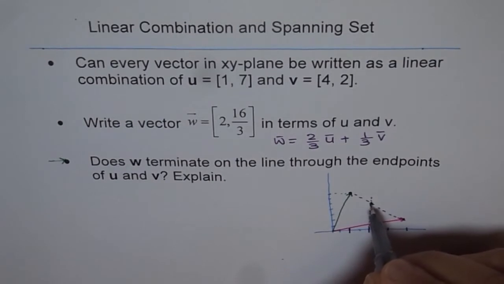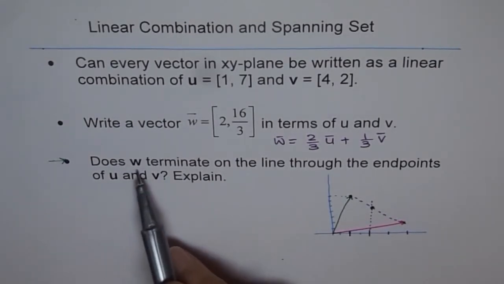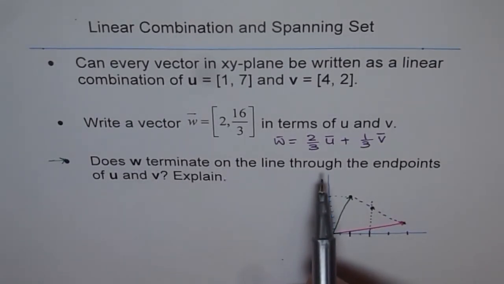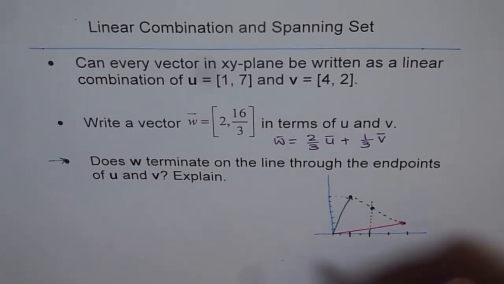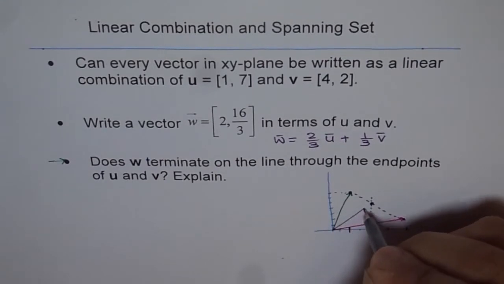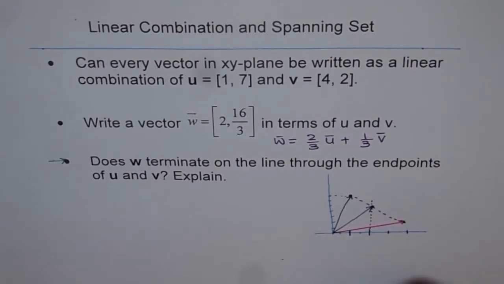Is this w? Does w terminate on the line through the endpoints of u and v? Explain. So the question is, is this my vector w? That is what we need to answer.